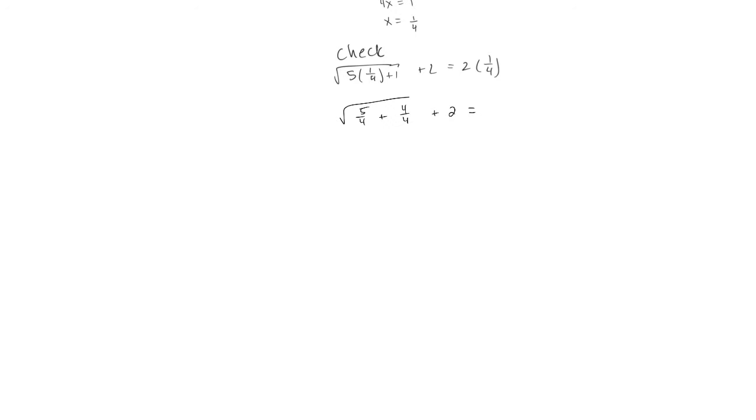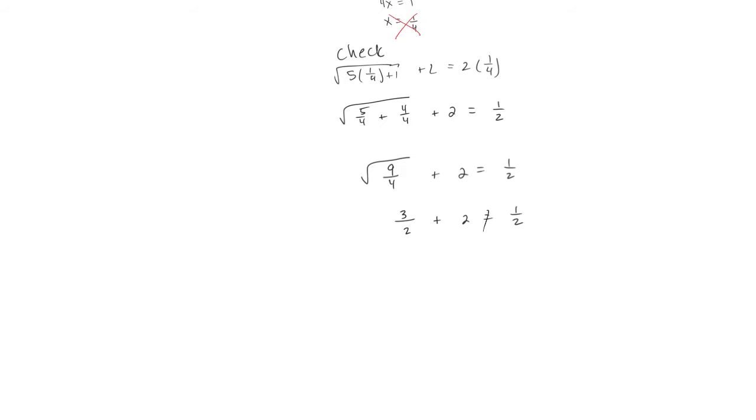And then 2 times a fourth is 1/2. So adding fractions, I get square root of 9/4 plus 2 is supposed to equal 1/2. Take the square root of 9 and get 3. Take the square root of 4 and get 2. So 3/2 plus 2, that does not equal 1/2. And so 1/4 is not a solution.